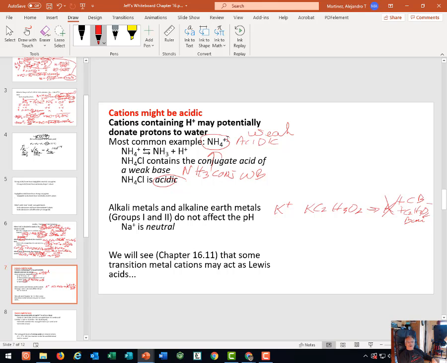Okay, so ignore group 1 and group 2 cations. They're always going to be neutral.